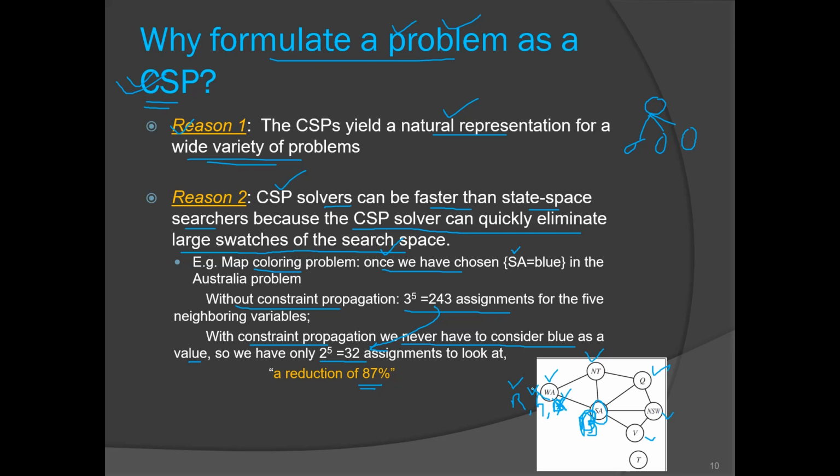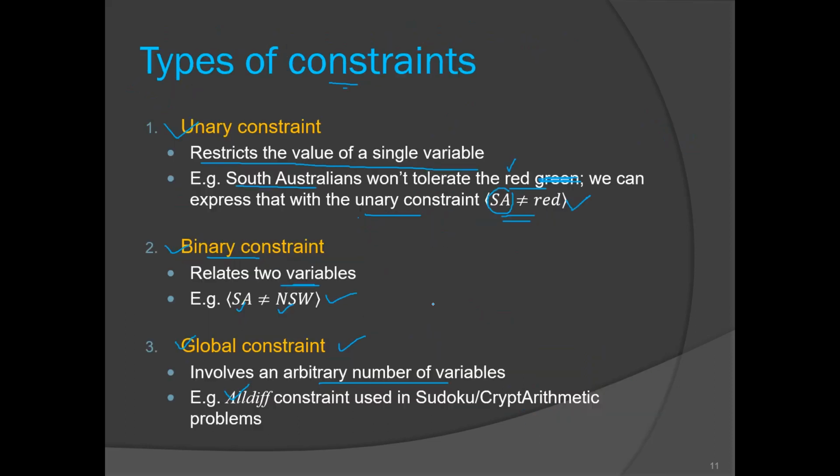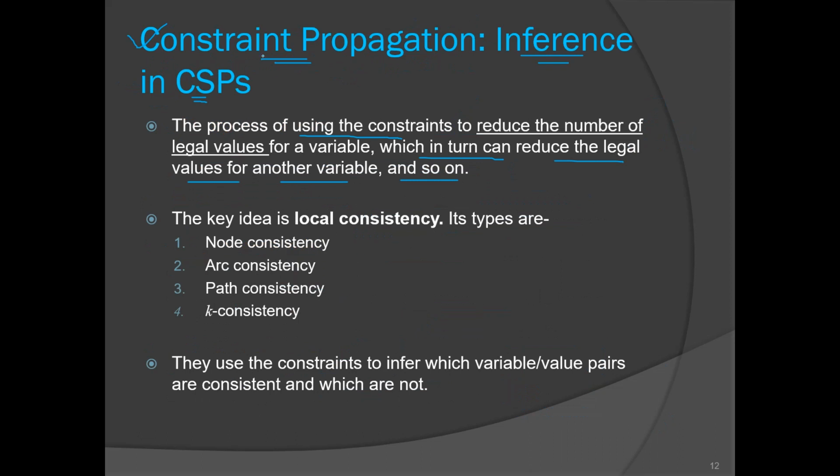So now we have reduced the legal moves for WA. That's what happens in constraint propagation: using the constraint to reduce the number of legal values for a variable, which in turn can reduce the legal values for another variable, and so on.